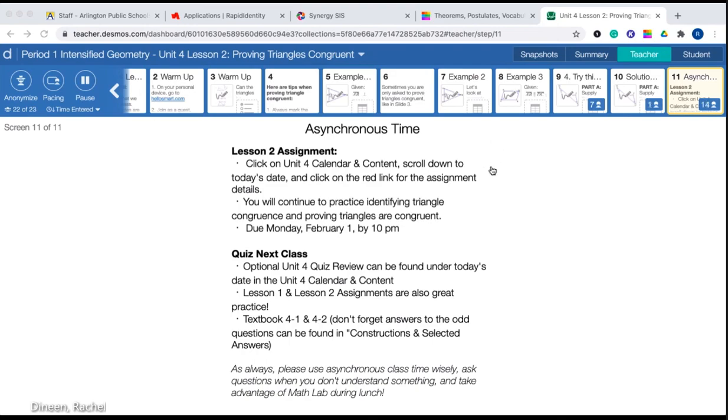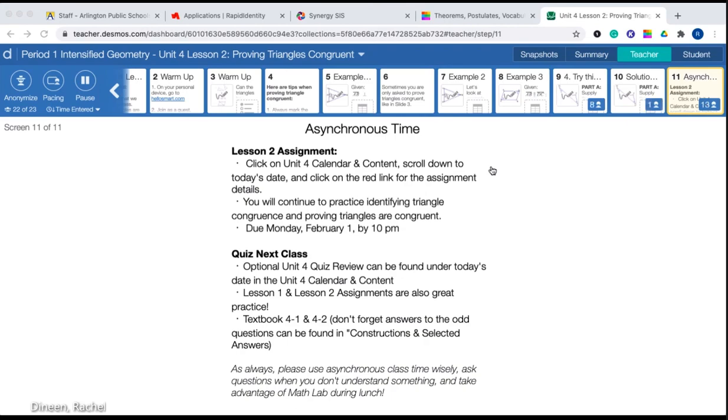There are 7 questions about exactly what we did last class in the warm-up and in the first part of your homework tonight, stating if triangles are congruent and why.